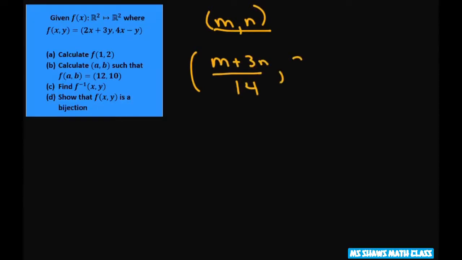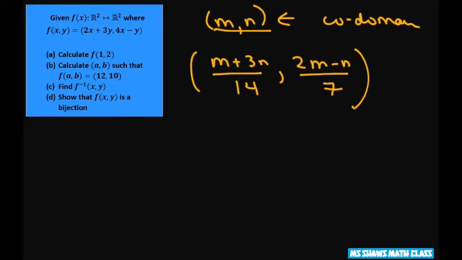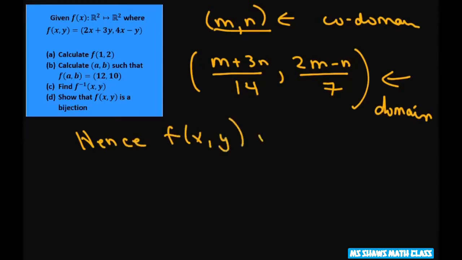Remember the inverse we did. So basically, every element here in the codomain corresponds to this in the domain. Hence, f of x, y is surjective.